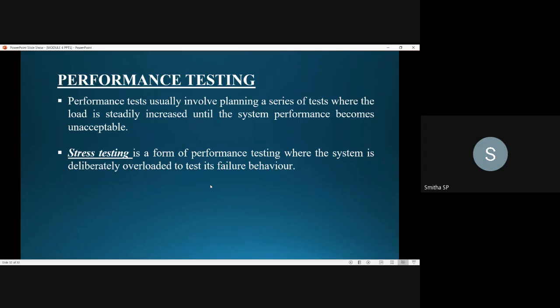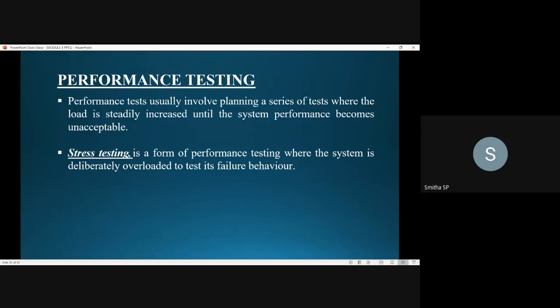Stress testing is a form of performance testing where the system is overloaded to check the failure behavior of the system. Stress testing tries to identify the exact point where the system performance fails, where the system becomes a failure. That is tested in stress testing.